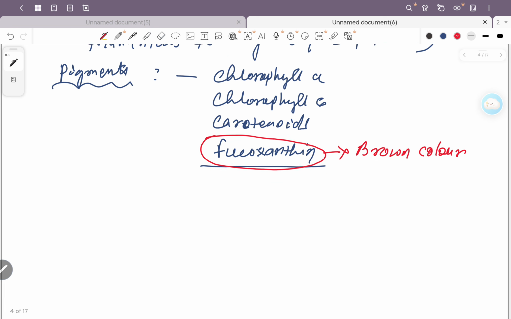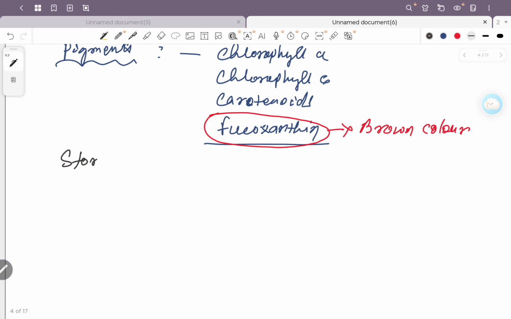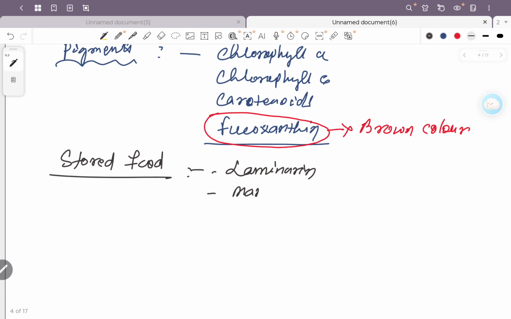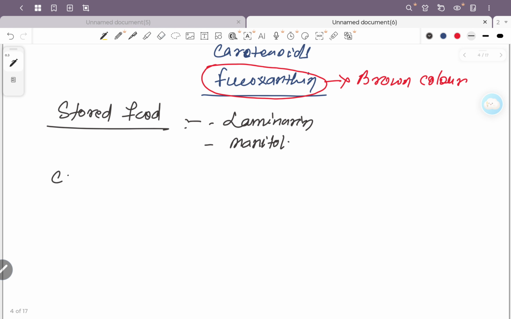Now, what are the stored food materials? The food is stored as laminarin and mannitol. So these are types of carbohydrates. Next, come to the cell wall.